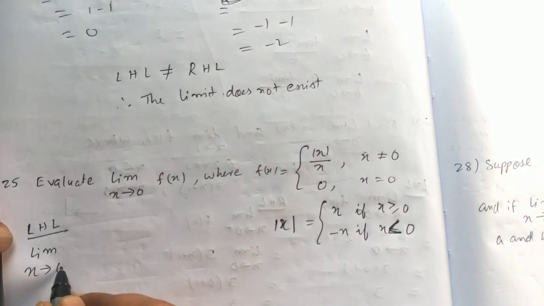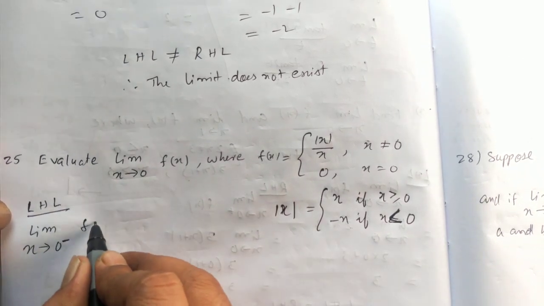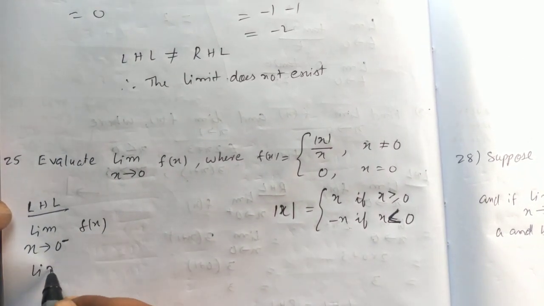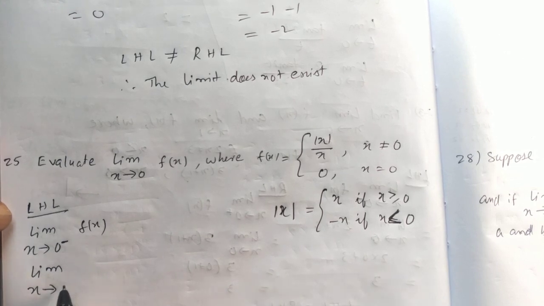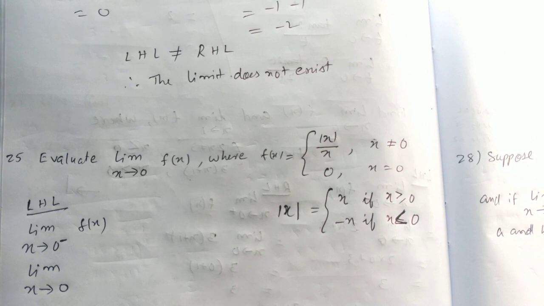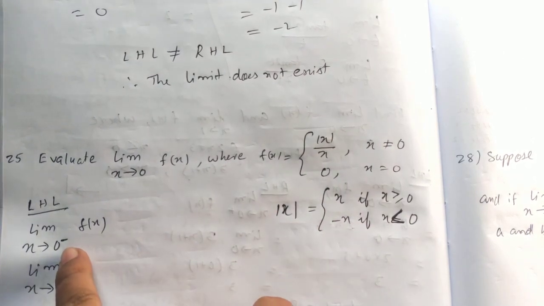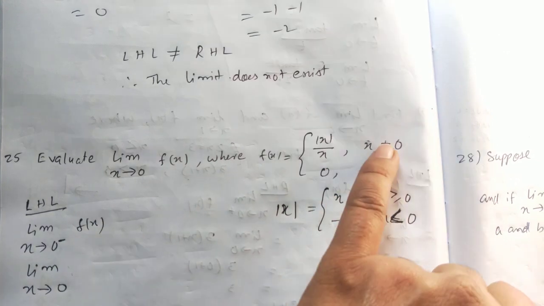We'll write limit x tends to 0, left hand means 0 negative f(x). Now next step we'll write limit x tends to 0. This negative, we have to select which one we have to check.